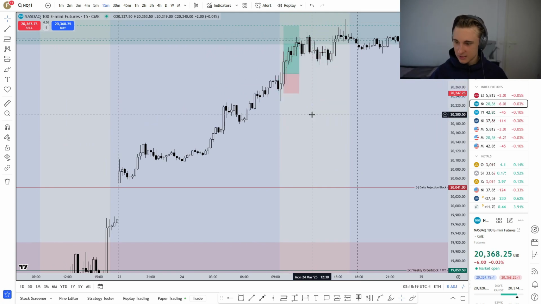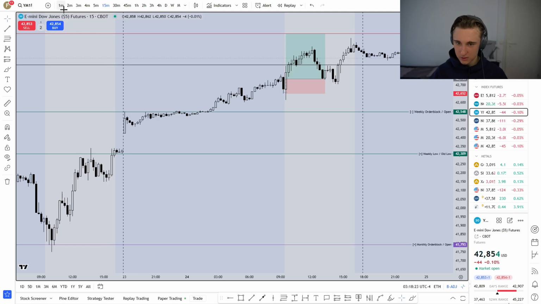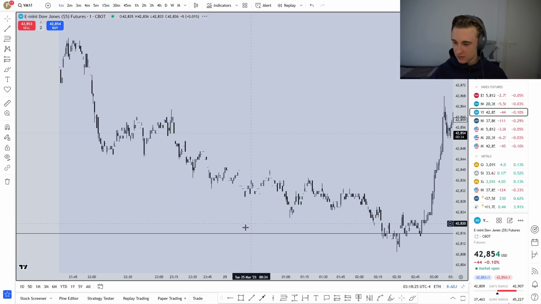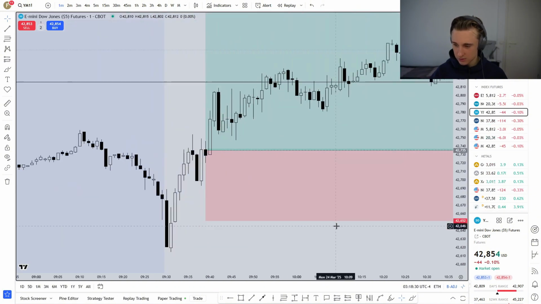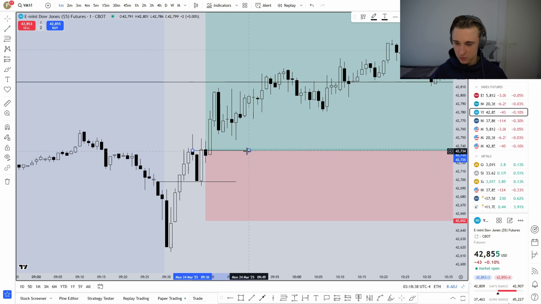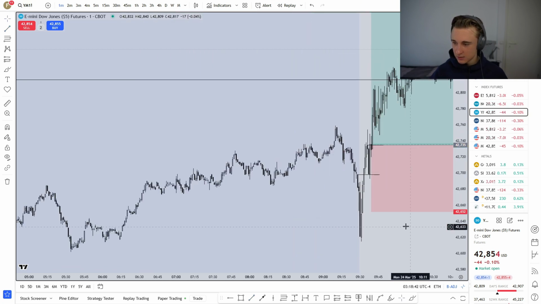And yeah, that's why I had to look for re-entries, and the re-entries were on YM, on the lower time frame, which was right here. We had basically a propulsion block, order block, trades down, creates another order block, and then I just entered long right here immediately.